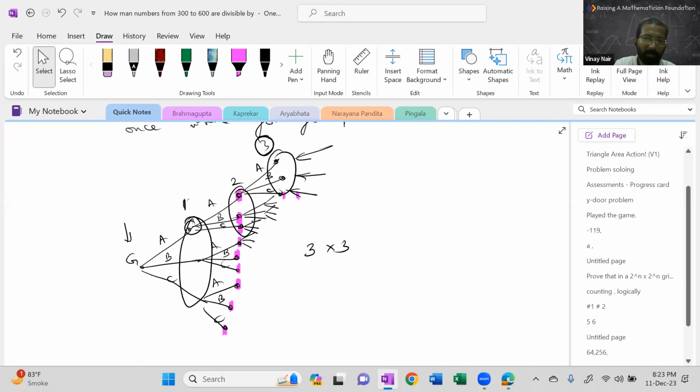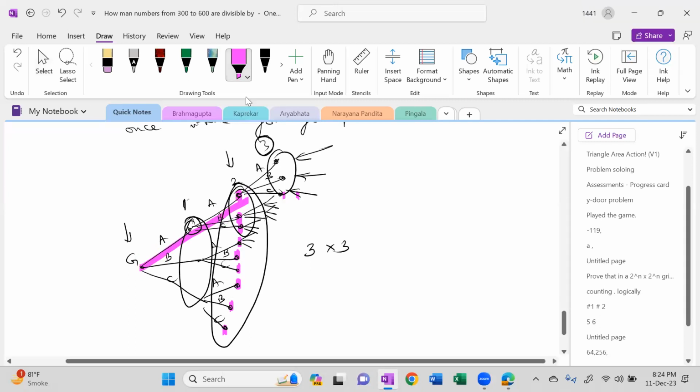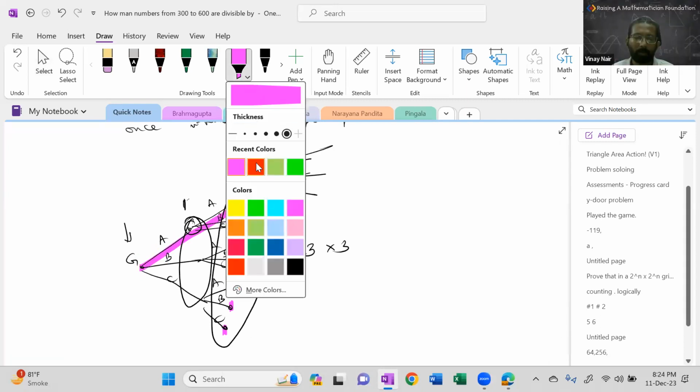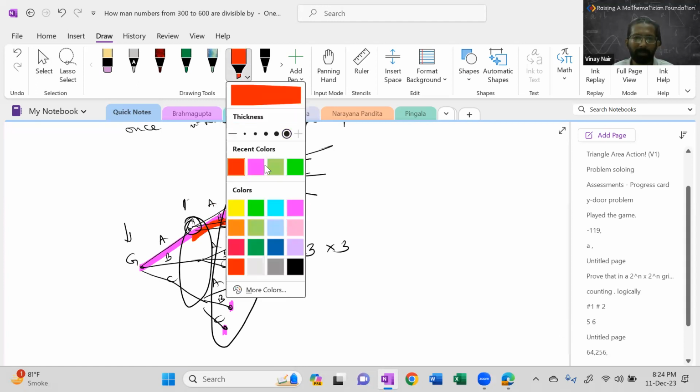So by the time you reach the 2nd floor, there are 9 such branches. That means there are 9 ways to reach the 2nd floor. First will be 3 ways, and then there will be 9 ways. You see why there will be 9 ways?